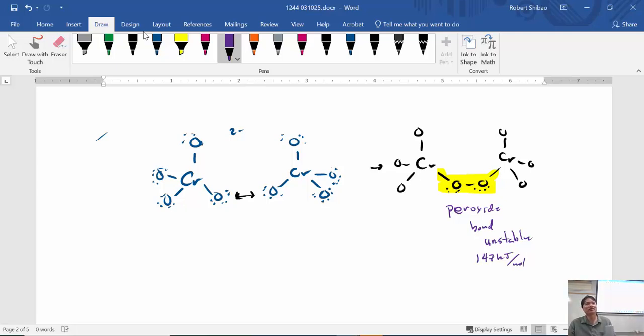They're still there, but I don't want to talk about the charges of the metal. 147 kilojoules, visible light can break this.